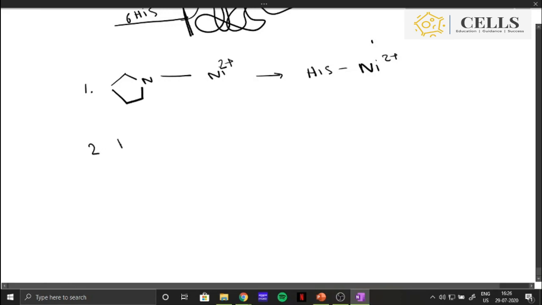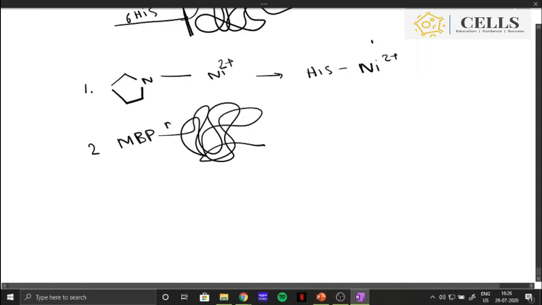You can also add MBP, or maltose binding protein, in front of your protein. Suppose you have N terminal, C terminal, and you add an MBP. Now the bead has MBP binding.